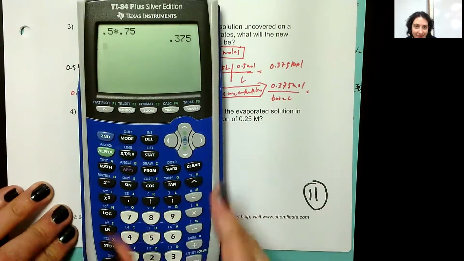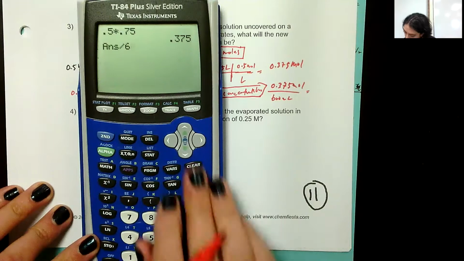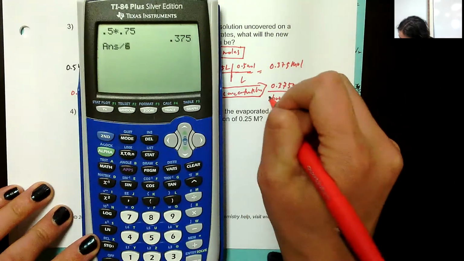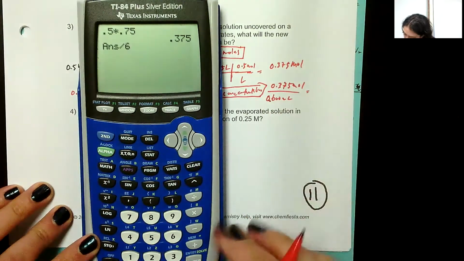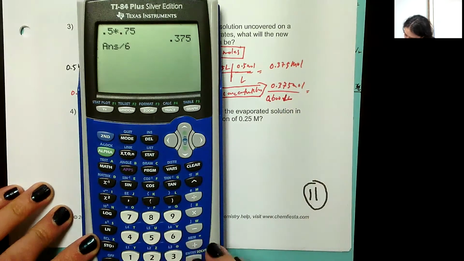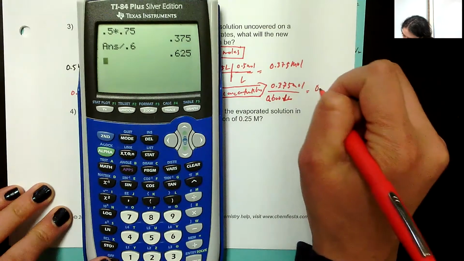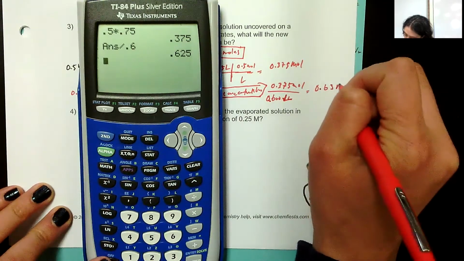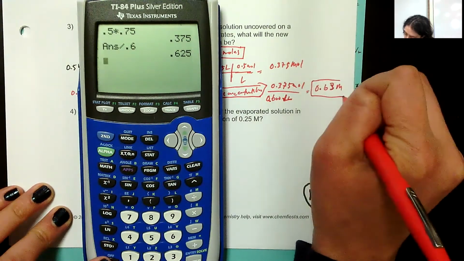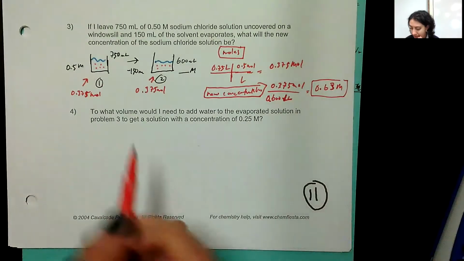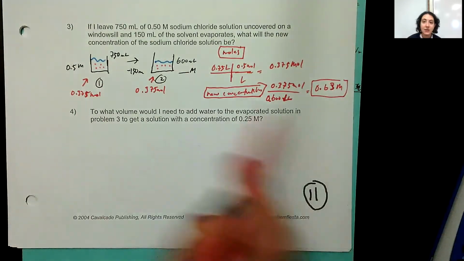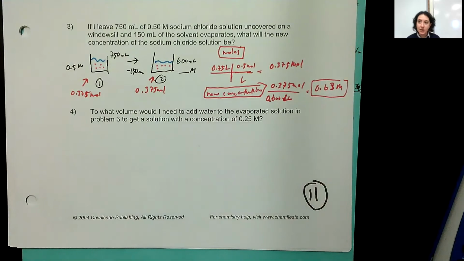Sorry about that. And by that I mean 0.6 liters. Convert that. So that's going to be 0.375 over 0.6, let's call it 0.63 molar. We'll round it. And that's our final answer. It is more concentrated, which is exactly what you'd expect. So there you go. Pretty cool, right?